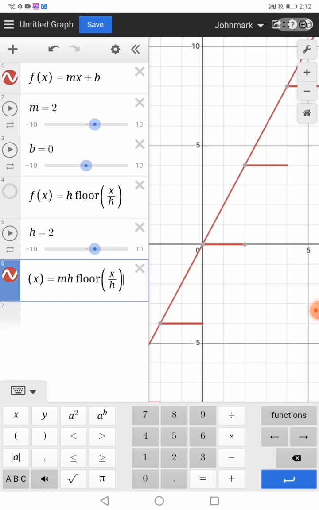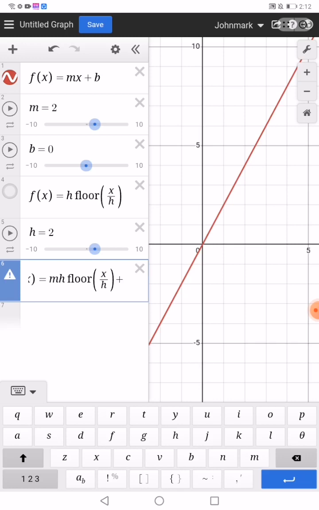Okay, and of course I will add that y-intercept b. Every time I move the position of b, the steps will also follow. So we'll check the changes that we have.